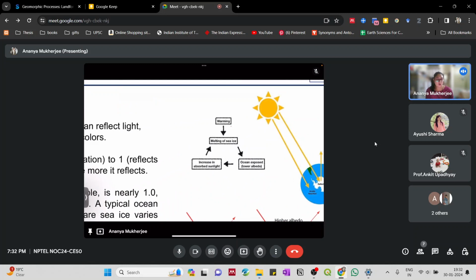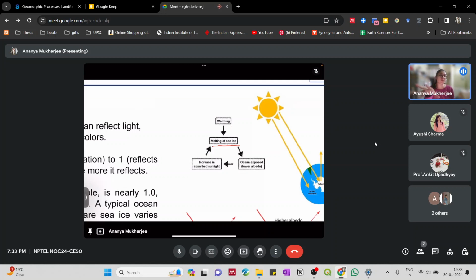So if you have warming and the melting of sea ice is happening, the ice that is there is white, your snow is white, so it will reflect most of the light that is reaching it.